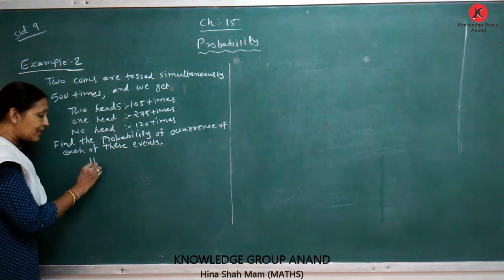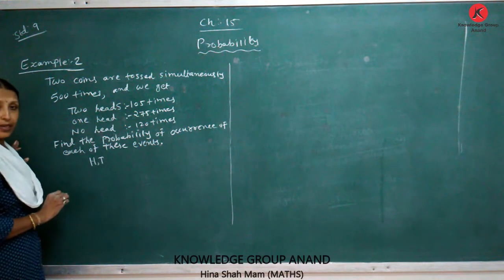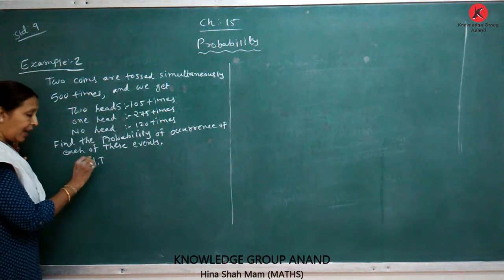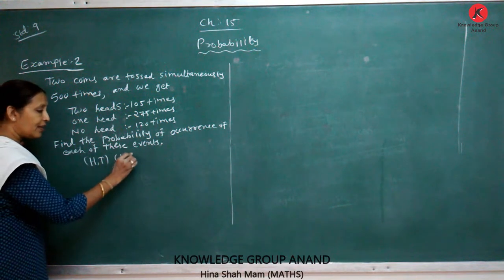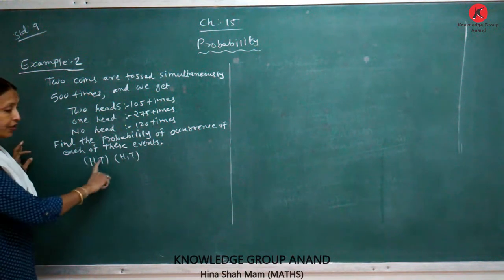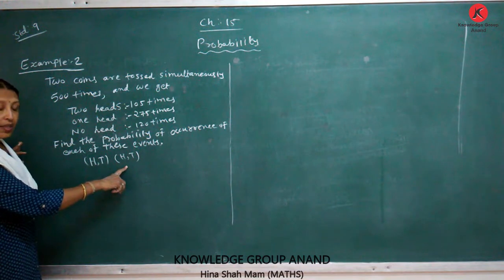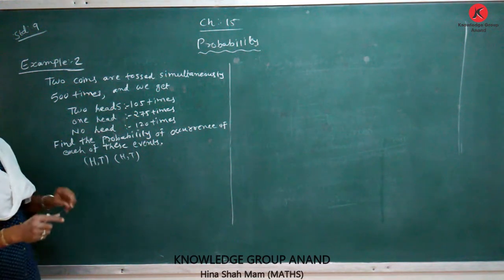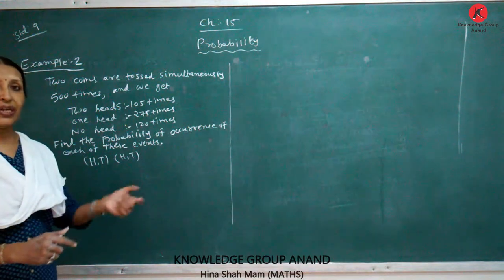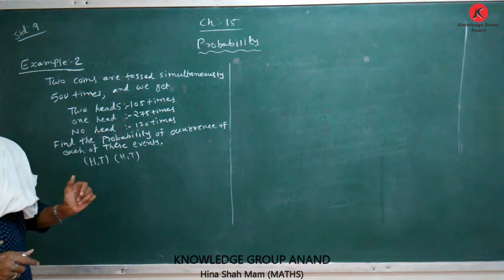Suppose one coin has head and tail, and the other coin also has head and tail. Now for understanding, we toss coin 1 and coin 2. First we get head and second tail.